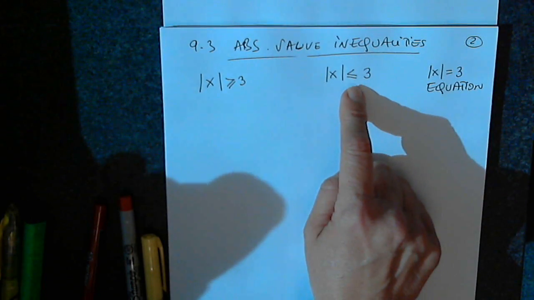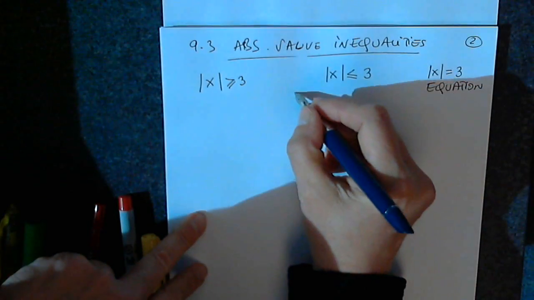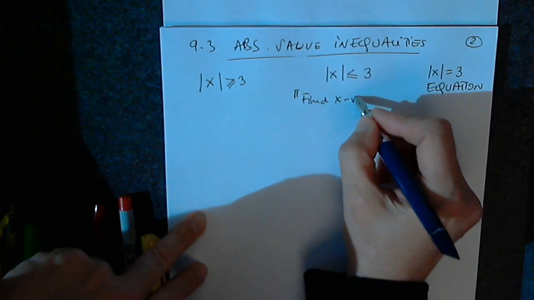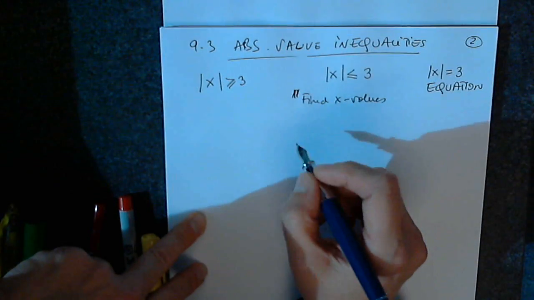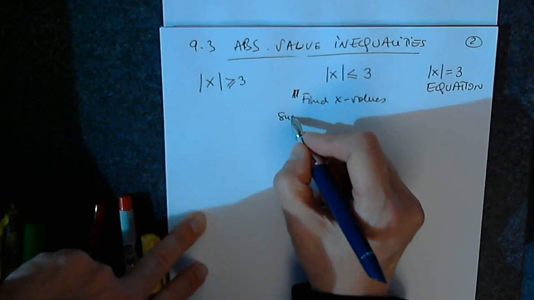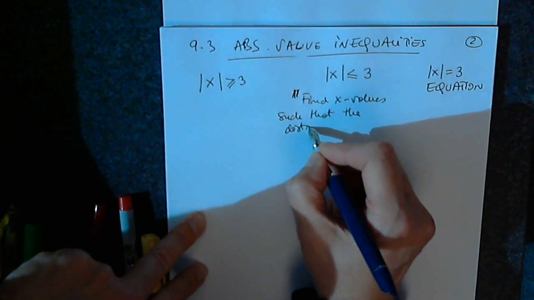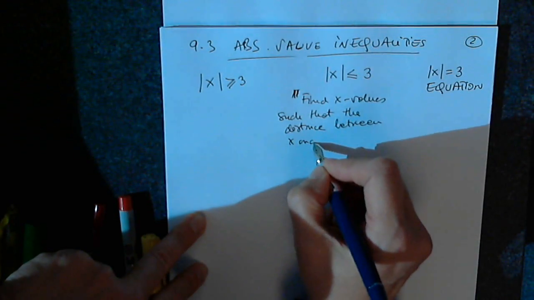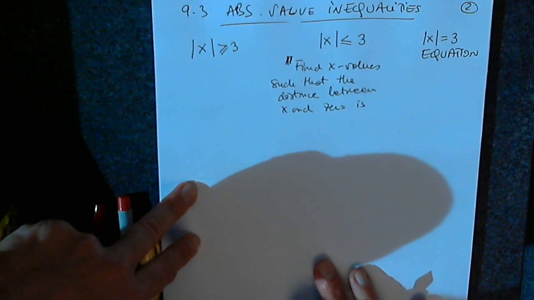This one says this to us. Find x values such that the distance between x and 0 is, can anyone tell me what to write?